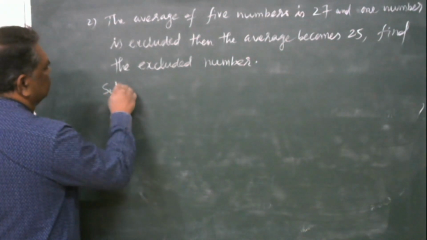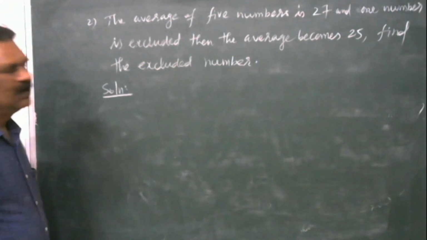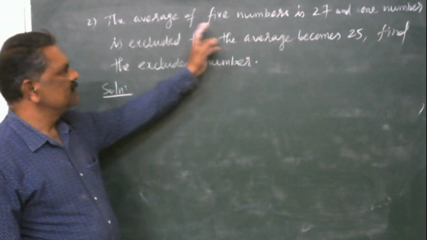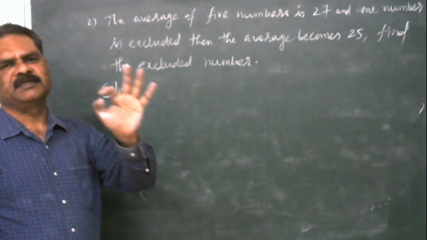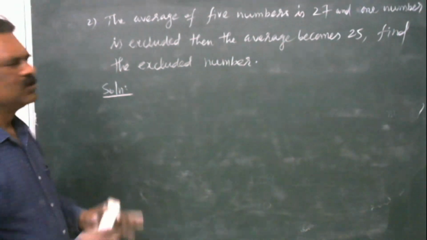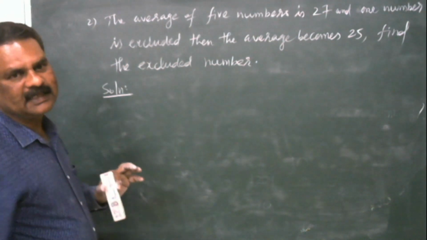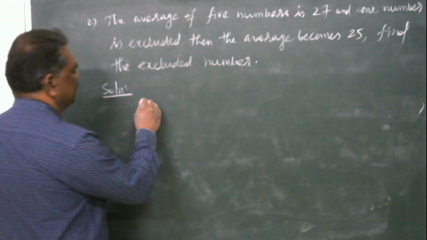Solution. How do you find? As I told you, the average of the first 5 numbers is 27, so every number is 27, 27, 27, 27, 27. So we can easily find the sum of the 5 numbers.